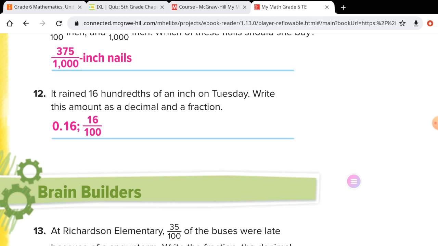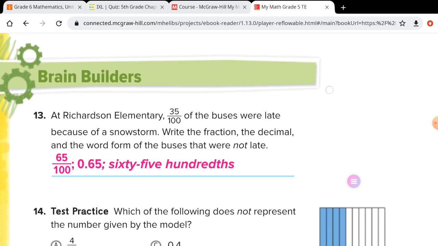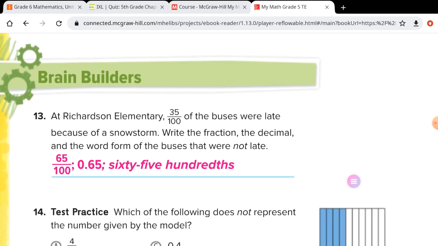Now, I'm going to assume some people missed 13 because they didn't read carefully. Why is the answer 65 hundredths and not 35 hundredths? Tyson? Because it says the decimal in the word form of the buses that were not late. Yeah. Right here it says this number is for how many were late. Who can give me that using the words out of?